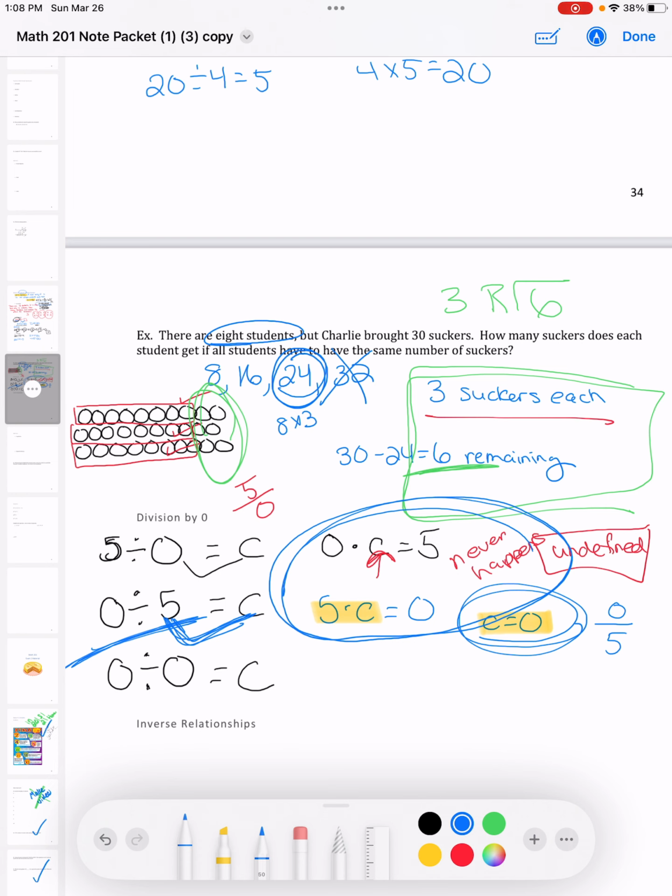So then this last one, what if they're both 0? What happens? Seems like it could be either one. Again, we're going to 0 times C equals 0. Change it to its multiplication sentence. Well, I could put any number in for C. We could each think of a different number. C could be 5, it could be 27, it could be 3,000. It doesn't matter. C could be any number.